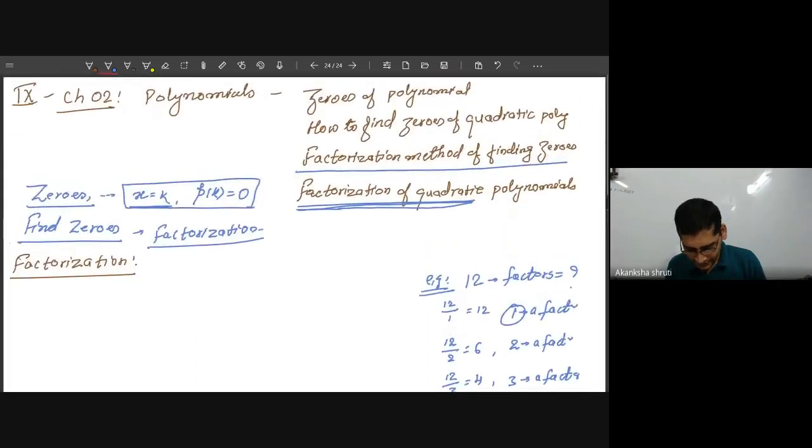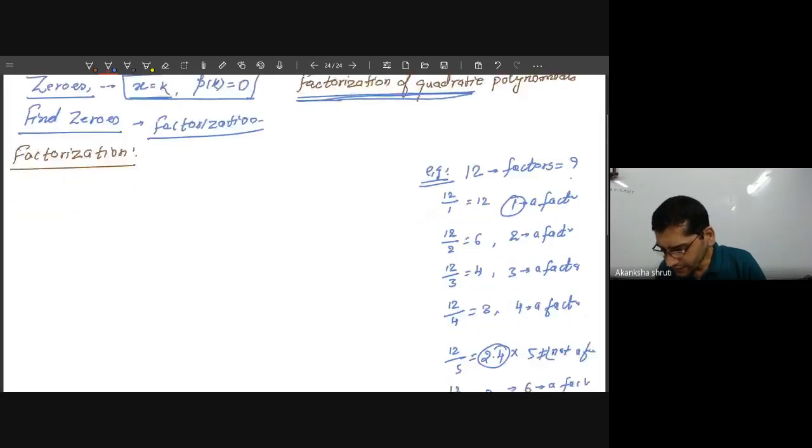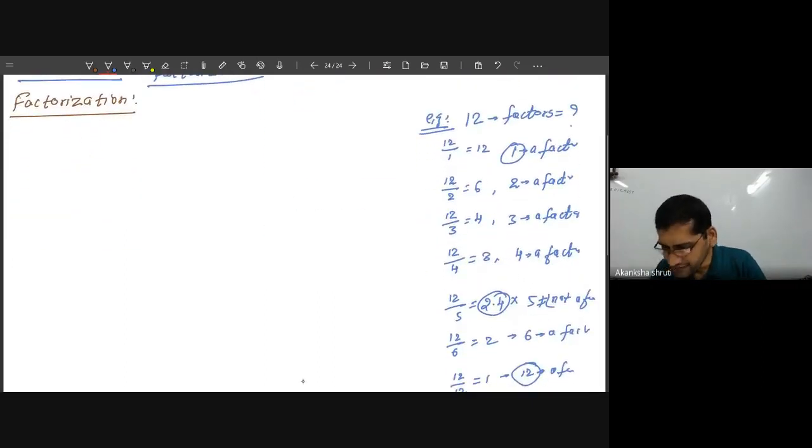Okay, students? So here, factorization for the polynomial exactly means the same. So what does this factor mean, what can we write? See, in this case, 12 can be written as 2 into 6. In this case, 12 is 3 into 4.